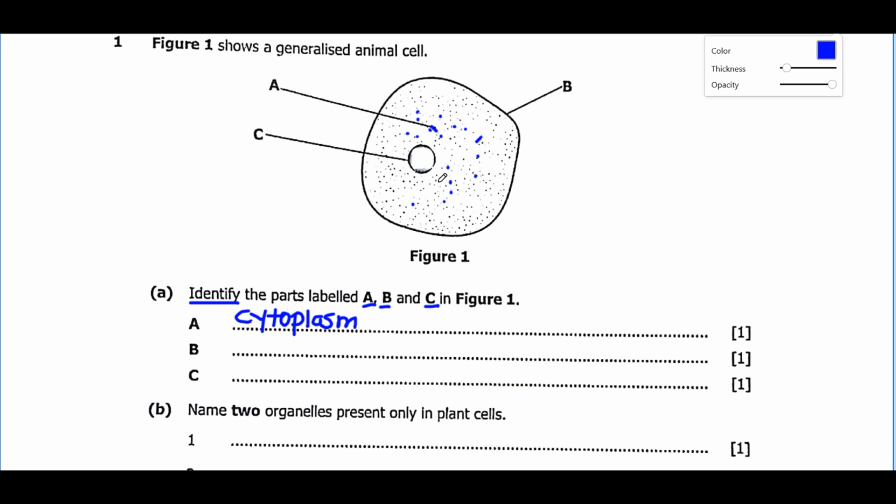Then structure B, we are looking at the outer part of an animal cell. So this is a cell membrane. Then structure C, we have this small circle here. So this is a nucleus.